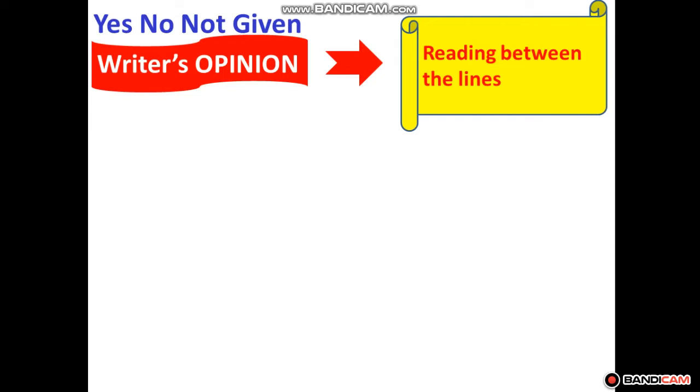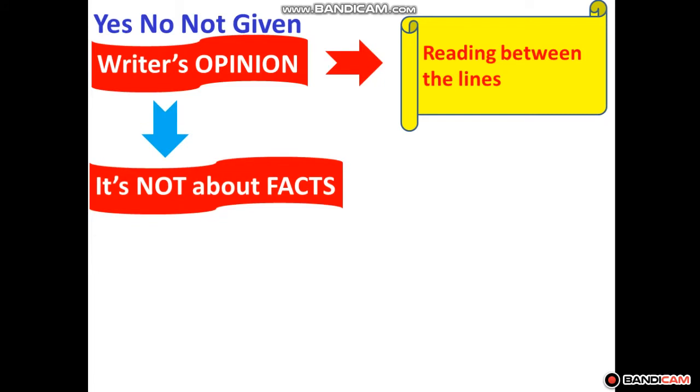Because most of the time, the opinion of the writer is between the lines. It means it is hidden, it is implied in the passage. You have to dig out from the passage to understand whether or not a statement is yes, no, or not given. Fine?